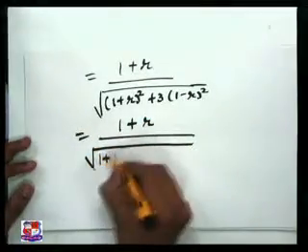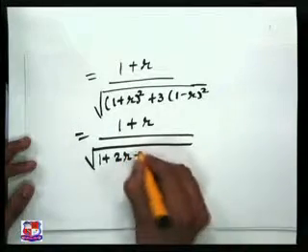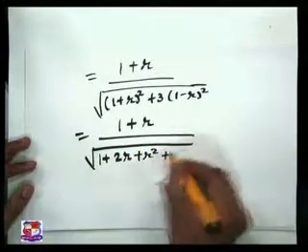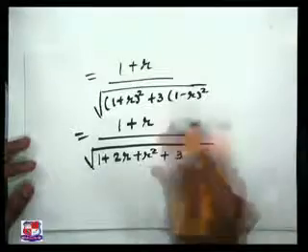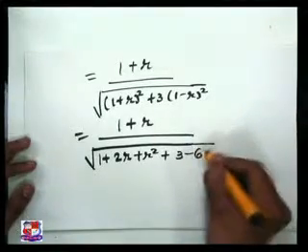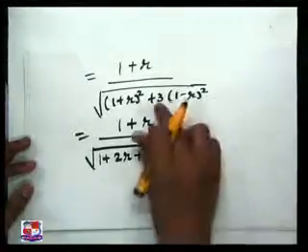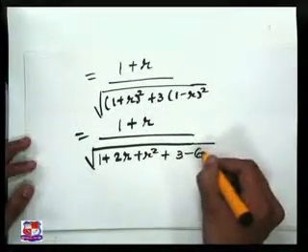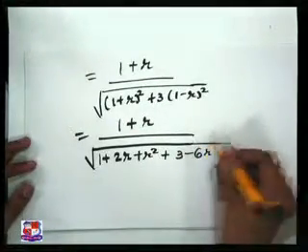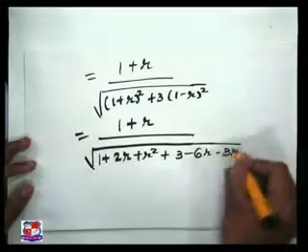Here we have 1 plus 2r plus r square, and 3 minus 6r plus 3r square.